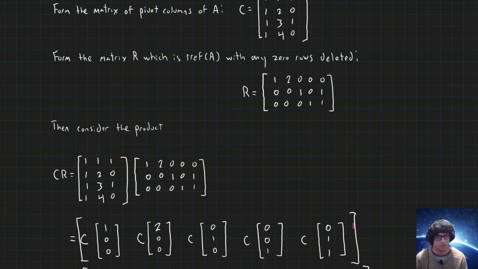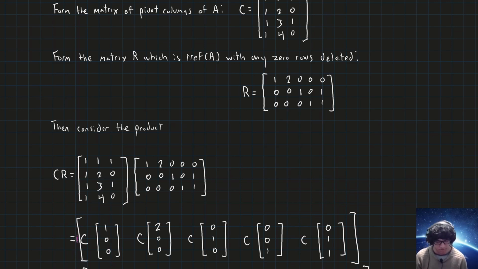For each of these columns, we need to compute a matrix C times a vector. If you remember, I said that computing A times X is just taking linear combinations of the columns of A with weights from X. This is the same thing here, where we have a C instead of an A, and our X is going to be this column here.